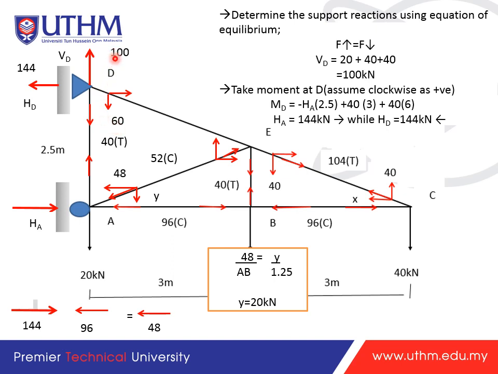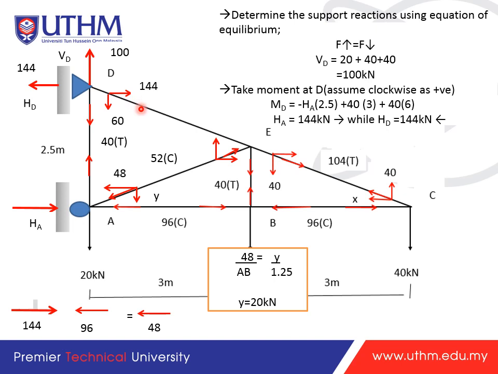Here we have 100 upwards, and this one is downward 40 to make it balance. So we need another extra downward force, which is 60. So 100 minus 40, we get 60. When we make the summation, it will be 100 again, so it is balanced.